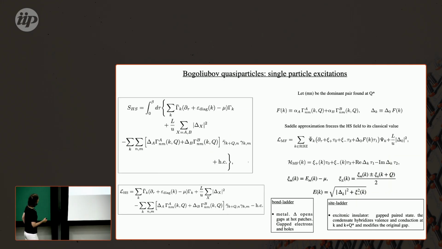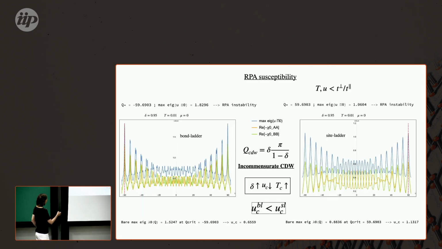So in this system now we can select, and this also gives you the channels where this eigenvalue is going to be maximum.